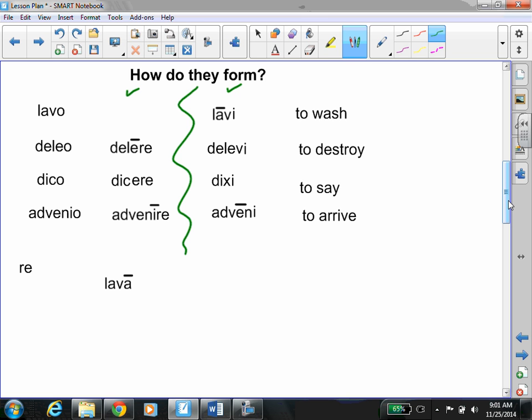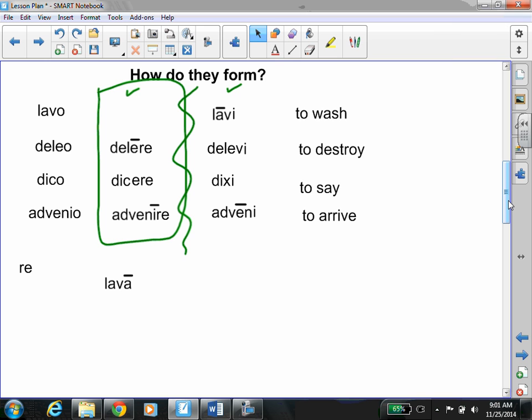I told you that we can create with these guys the present and the imperfect. Well, to create the present, all I have to do is add the endings. S. I can add a T if I want to, so I could have lavas or lavat, either one, and that would mean you wash, he, she, or it washes.